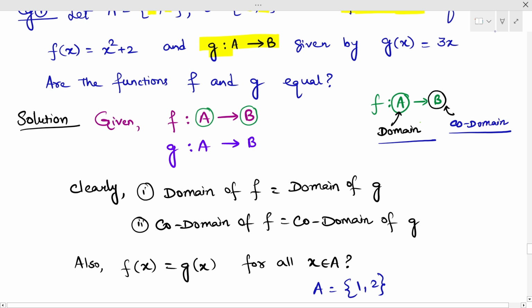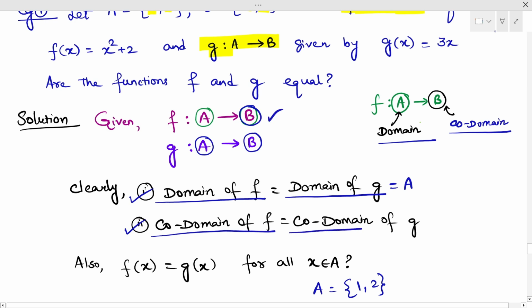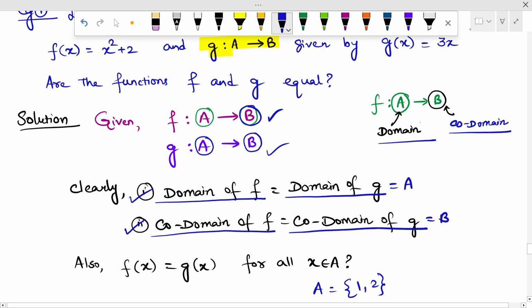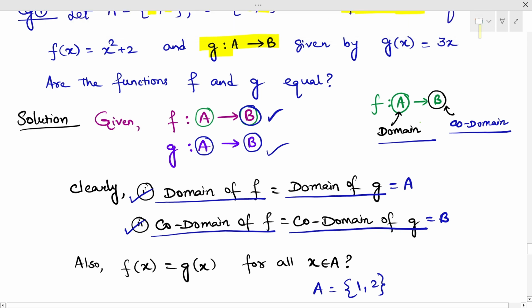Now f is a function from A to B and g is also a function from A to B. So the first two conditions are satisfied, means the domain of function f is same as the domain of g, which is set A, and the codomain of f, which is B, is same as the codomain of g. So first two conditions are satisfied, right?